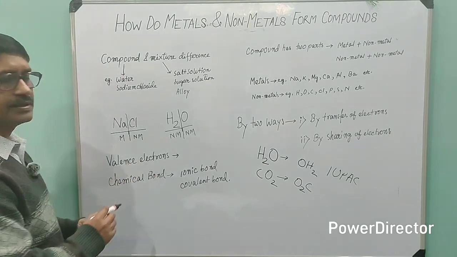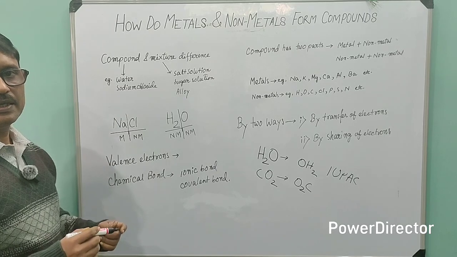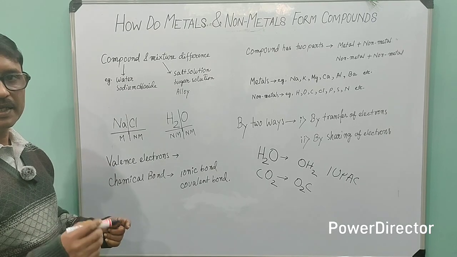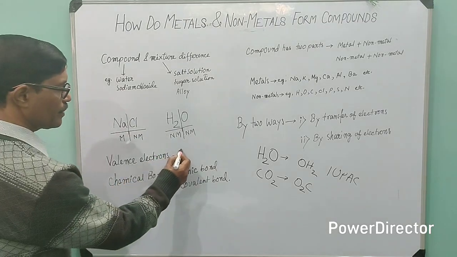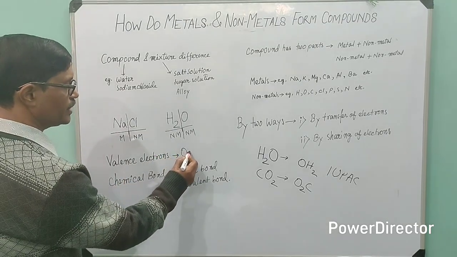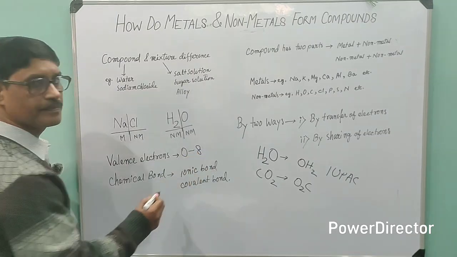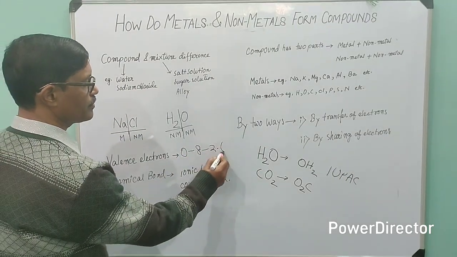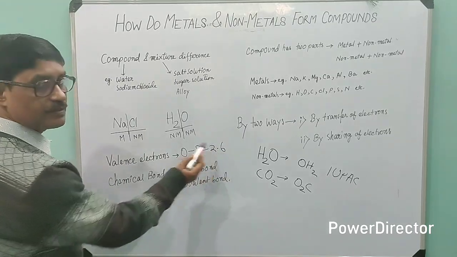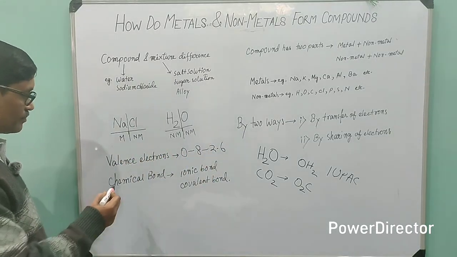Valence electron: the electron present in the outermost orbit of an atom is called valence electron. For example, oxygen's atomic number is 8, electronic configuration 2.6, 6 in the outermost orbit, so 6 is the valence electron.